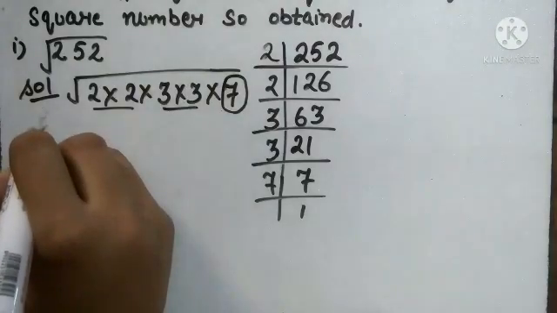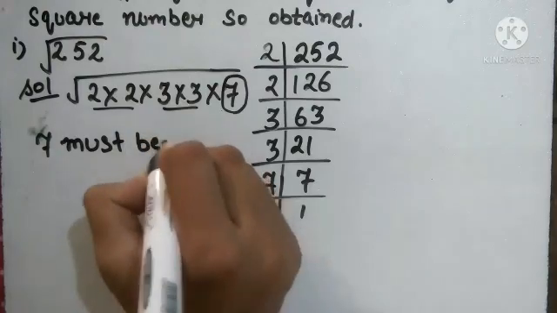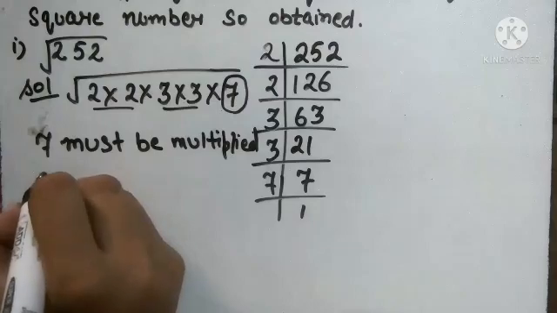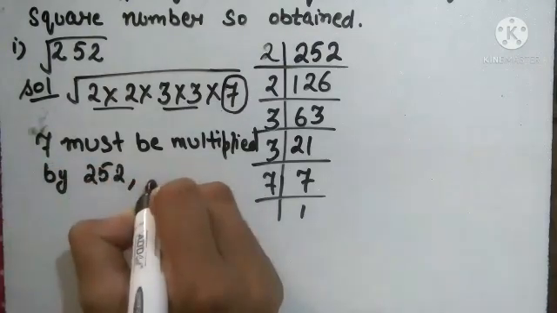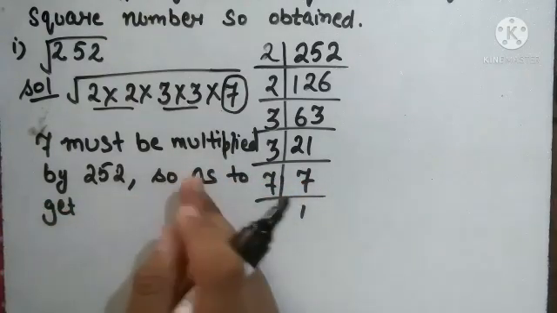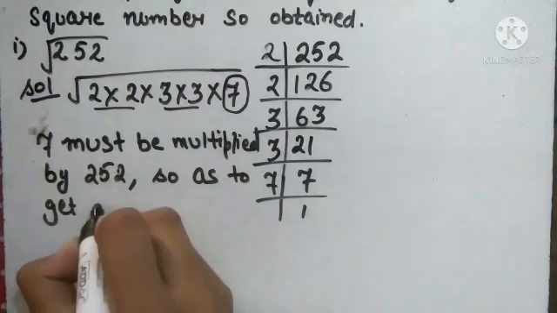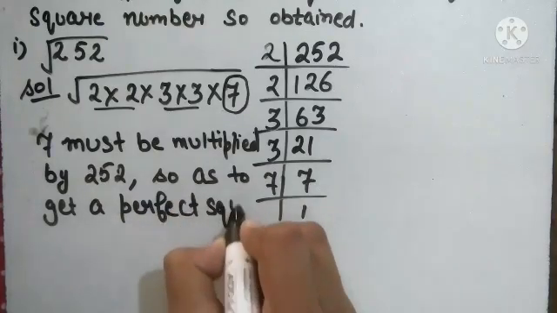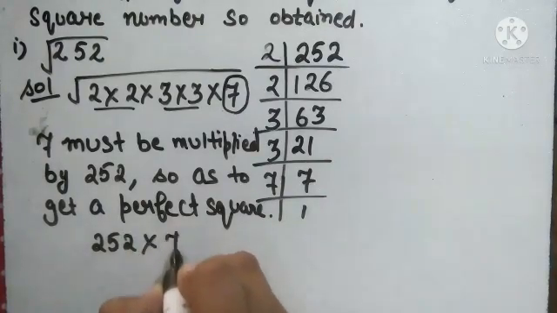So we can write here that 7 must be multiplied by the given number 252 so as to make it a perfect square.